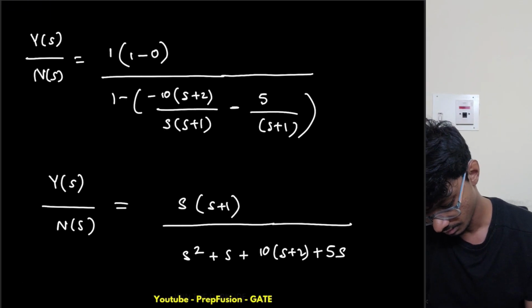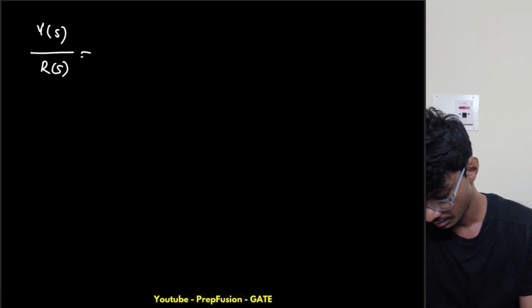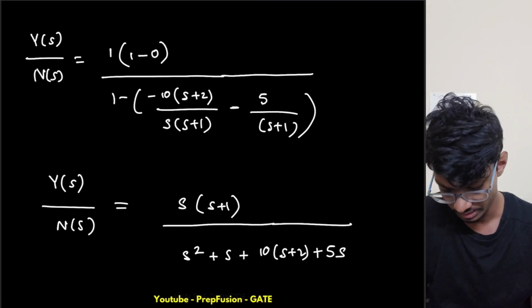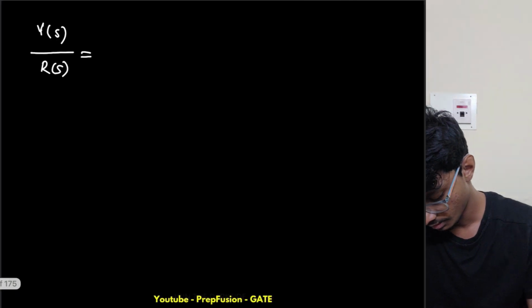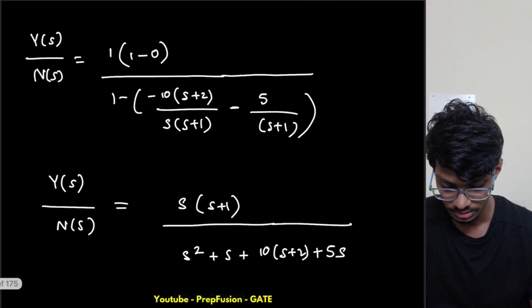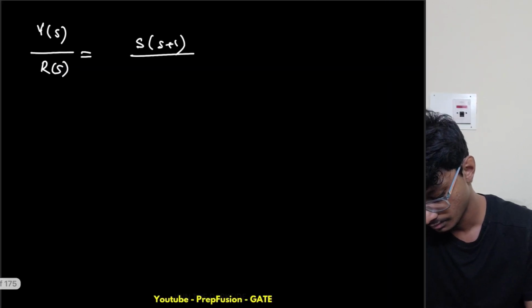If you calculate here, it's the same two loops only, so delta should be the same, right? So s into s plus 1, now this is s square plus 16s plus 20.